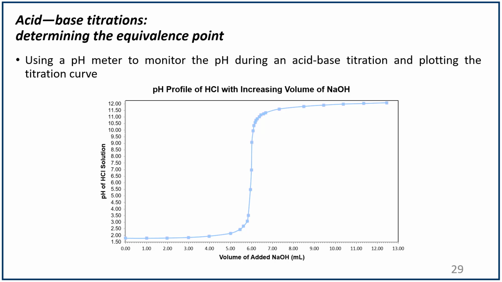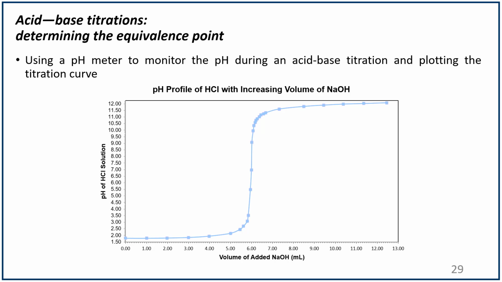Let's say, for example, for this graph, you're titrating sodium hydroxide into hydrochloric acid. What the pH meter does is it measures what the pH is as you add the sodium hydroxide, again, at least for this graph.